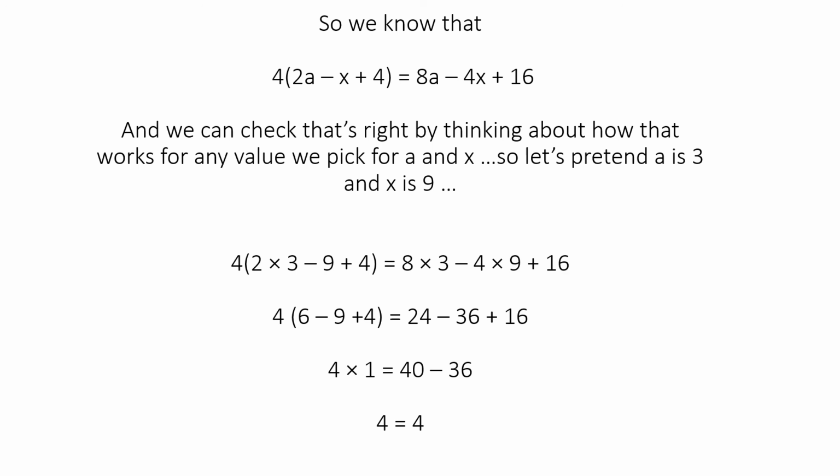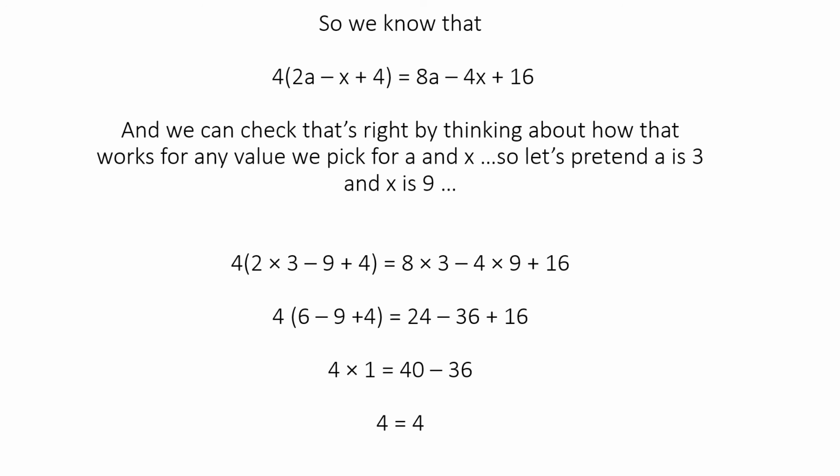All of that is in the bracket, so it's all multiplied by 4, and that is the same as 8 times 3 minus 4 times 9 plus 16. So moving on to the next line, that becomes 4 bracket 2 times 3 is 6 minus 9 plus 4 bracket equals 8 times 3 is 24 minus 4 times 9 is 36 plus 16.